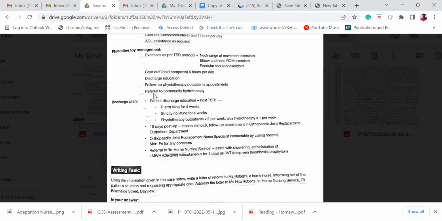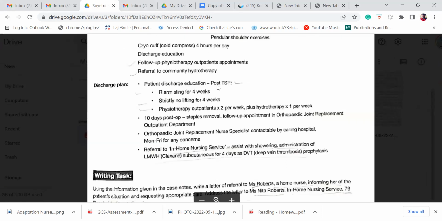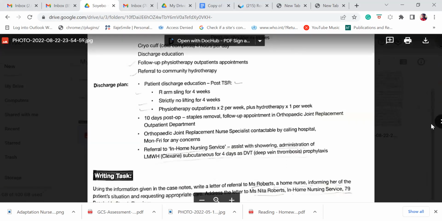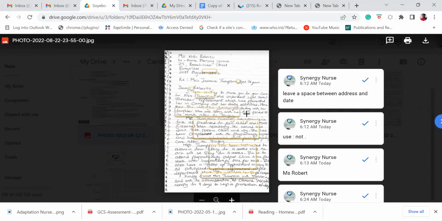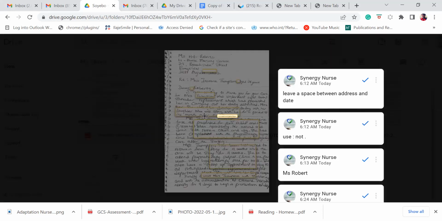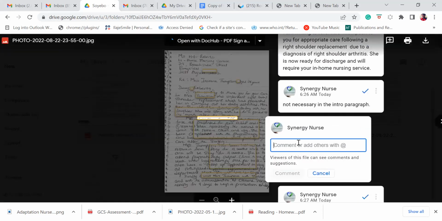Patient requires referral to community hydrotherapy. All these are important. Follow up physiotherapy. You might not be able to put in everything, so just put in the most important things. All right, and that's how to end it. I need you to rewrite this letter, just given this correction. And most importantly, make sure you put in a blank space between your paragraphs.